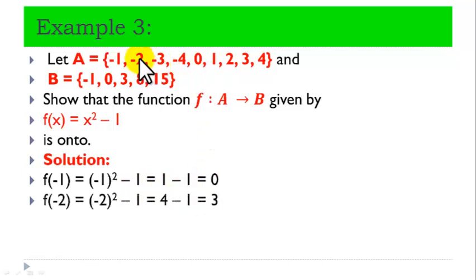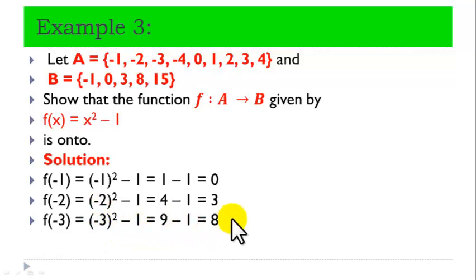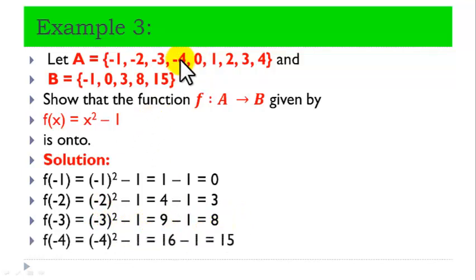The image of -2 is -2 squared minus 1, and that will give us 3. The image of -3 is -3 squared minus 1, and that will give us 8. The image of -4 is -4 squared minus 1, and that is 15.